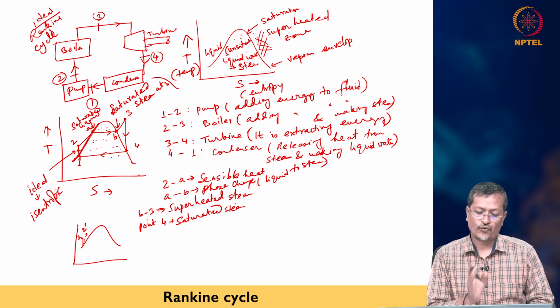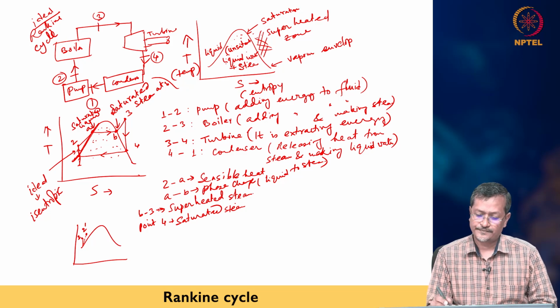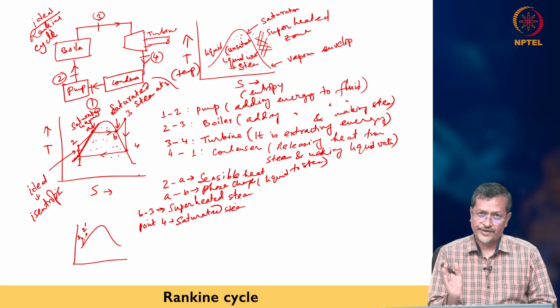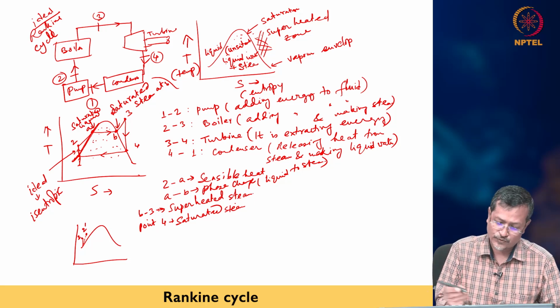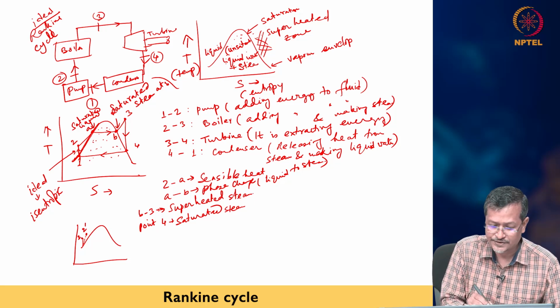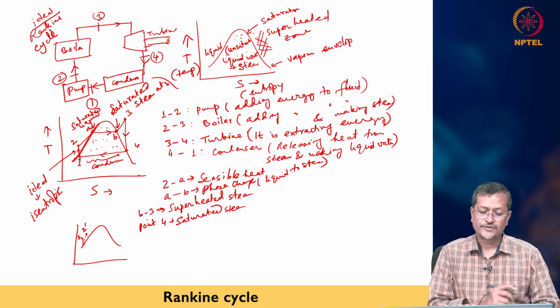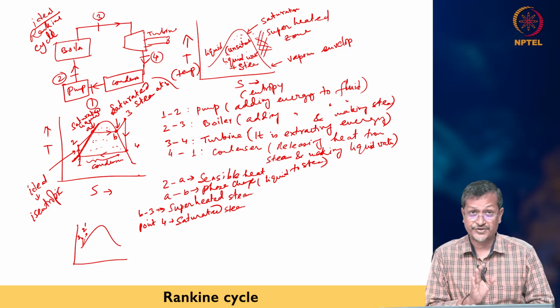So 4 to 1, phase change occurs. This is the condenser; 4 to 1 I have written condenser. So only the condenser is giving a pure phase change.